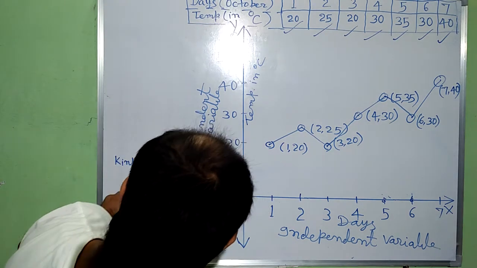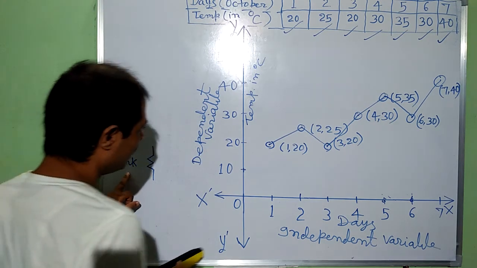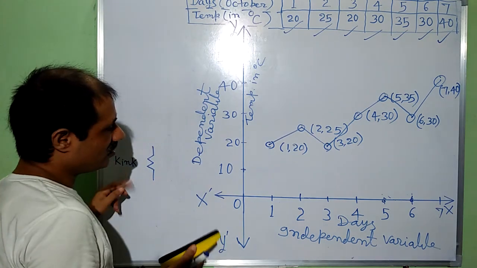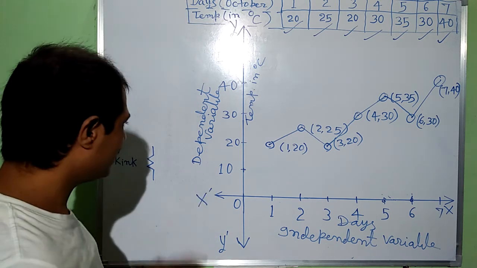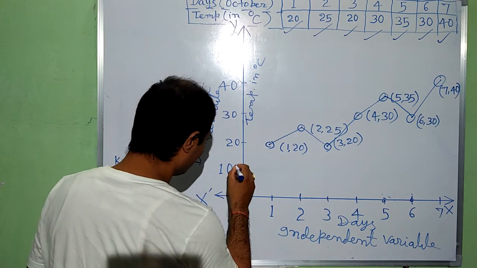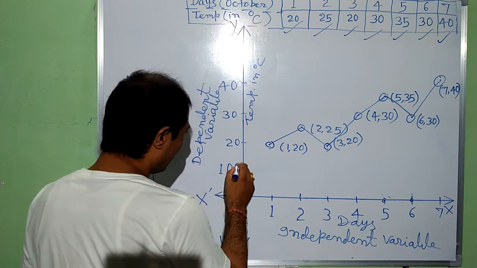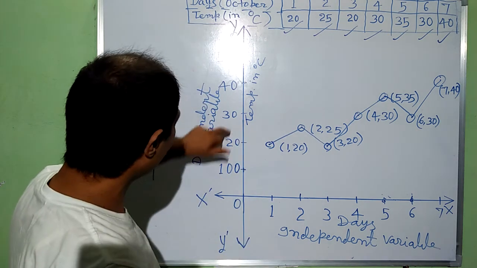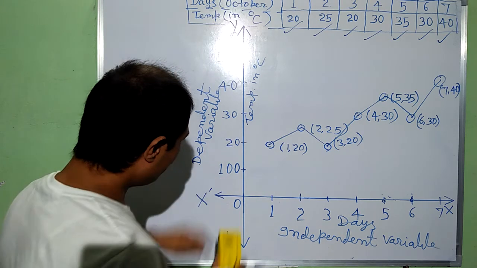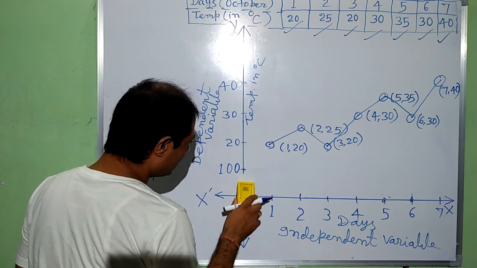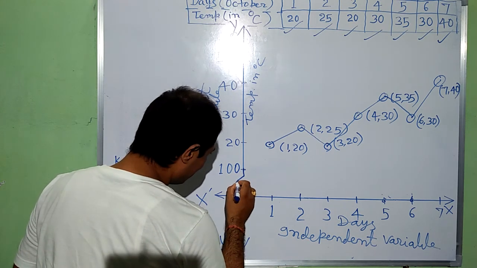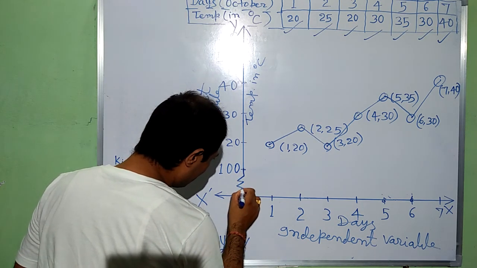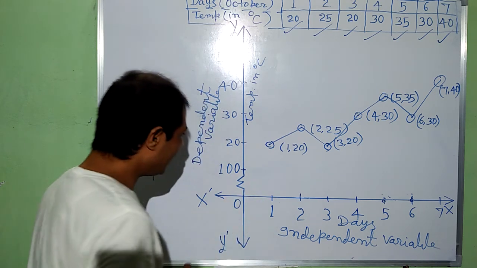Now what about the kink symbol? This symbol is used if we have to draw a graph like this, when we start from 100. After that, equal distances will be taken, and then we use the kink symbol like this. This symbol is known as the kink symbol.